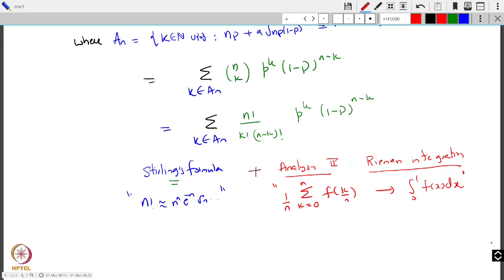One could use this to show that as n goes to infinity, the above sum converges to, and this is a big jump which I don't want to explain properly because it will take a long computation, the integral from a to b of e to the minus x squared by 2 over square root of 2 pi dx.